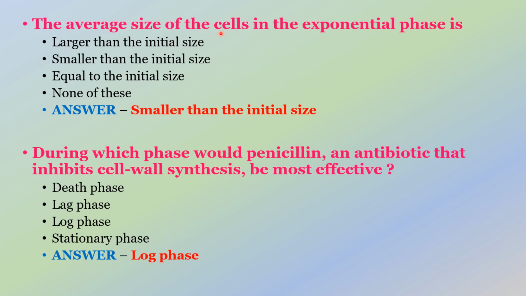The average size of the cell in the exponential phase is: larger than the initial size, smaller than the initial size, equal to the initial size, none of these. The answer is smaller than the initial size. During which phase would penicillin, an antibiotic that inhibits cell wall synthesis, be most effective? Death phase, log phase, stationary phase. The answer is log phase.